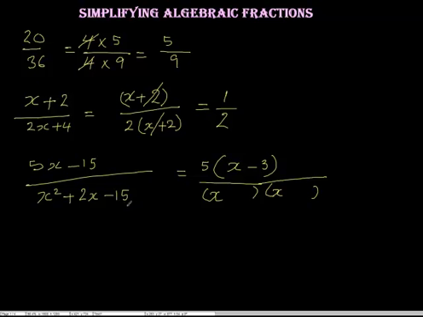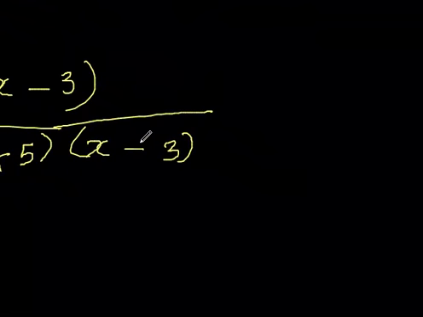Because I've got minus 15, one of the factors has to be a negative number. Because I've got plus 2 here, the bigger number has to be a positive number. Now I can very easily spot that 15 has got 5 and 3. So I have to put plus 5 because I've got plus 2 here, and minus 3.